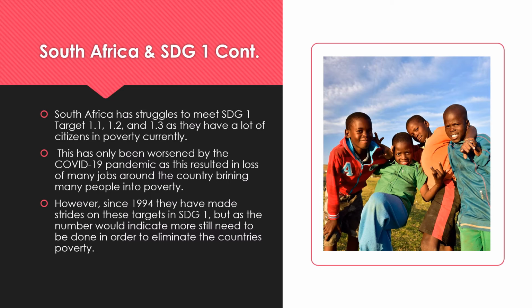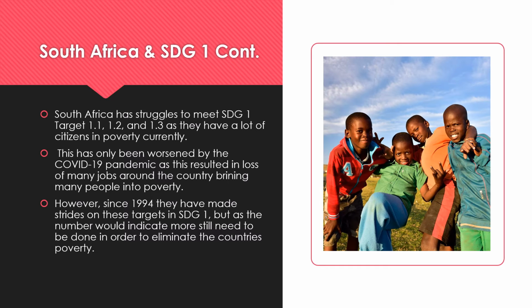However, since 1994, when they began their democracy after apartheid, they've been trying to improve, especially with the help of the NDP, the National Development Plan. Access to free education for poor households has expanded to over 9 million children attending no-fee schools.